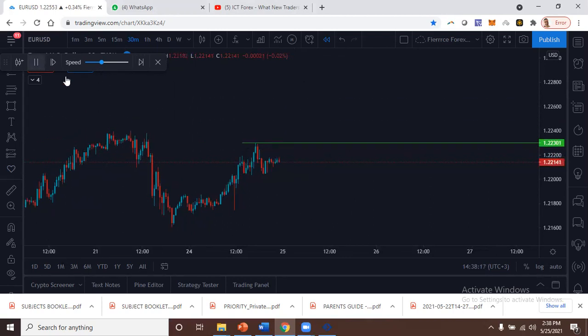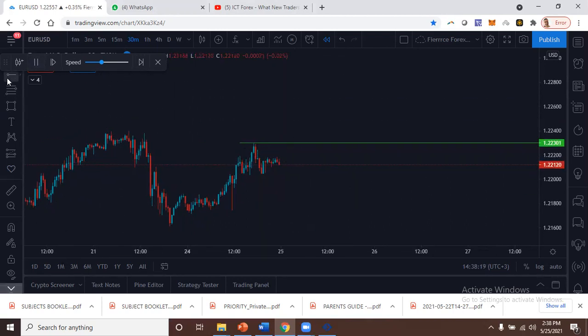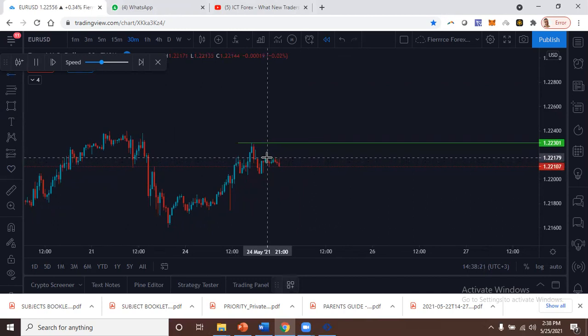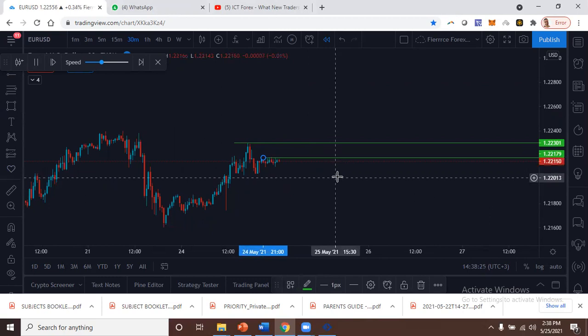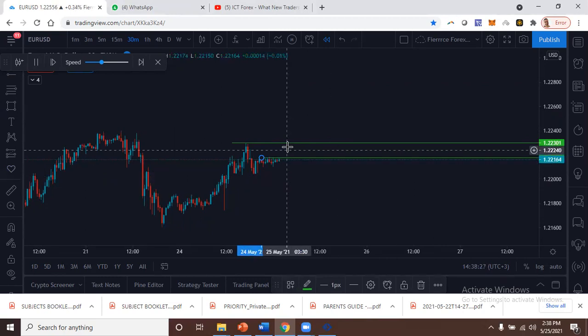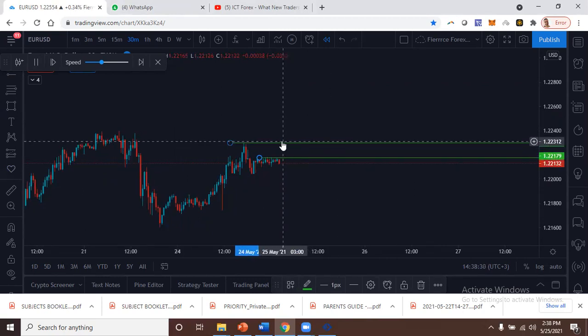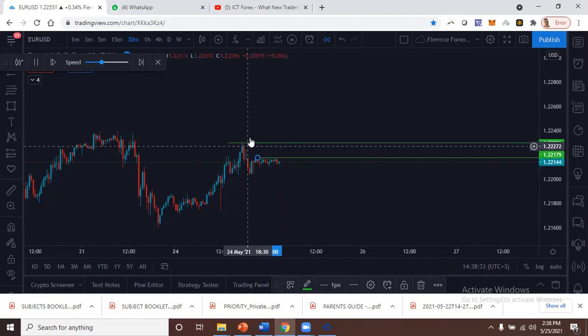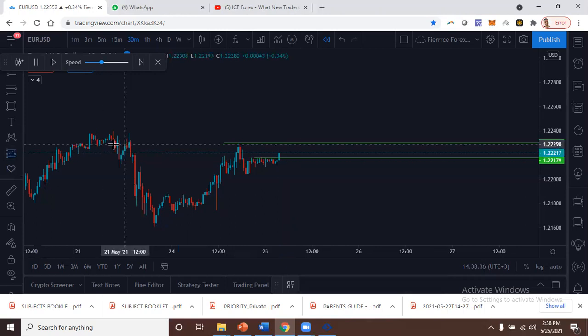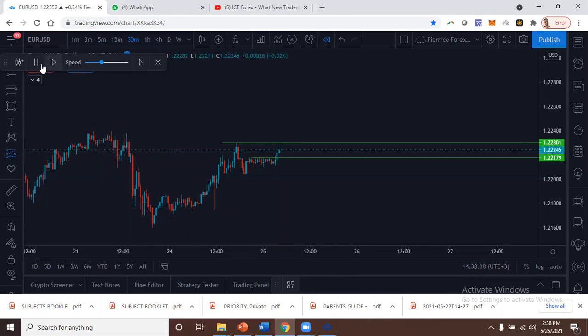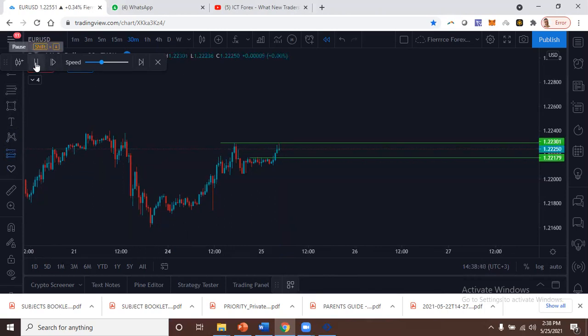So technically for me, now that we've retested another level here, we are seeing another key level here. I want to get in maybe somewhere here, based off this initial point where I saw it. So there we go, we've retested.